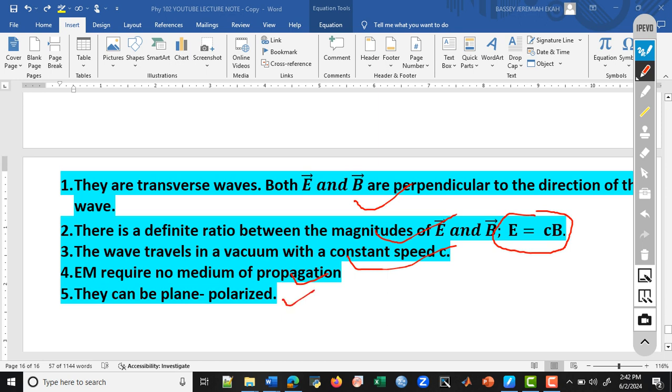You can only polarize electromagnetic waves, and light is one of them. But other forms of wave, like the sound wave, cannot be plane polarized.